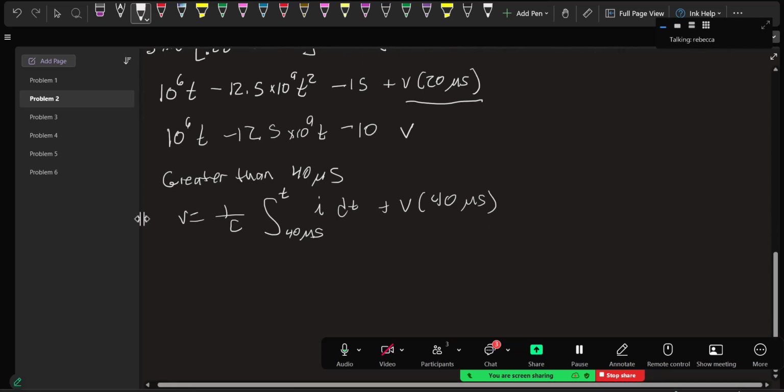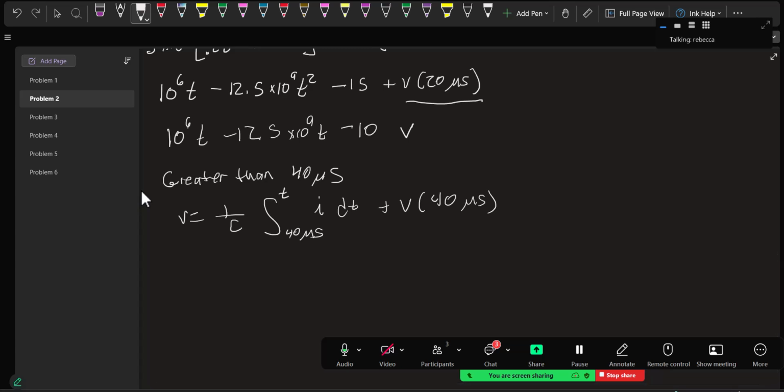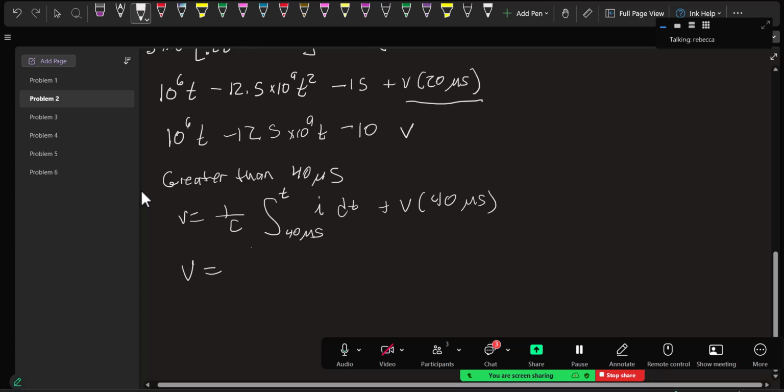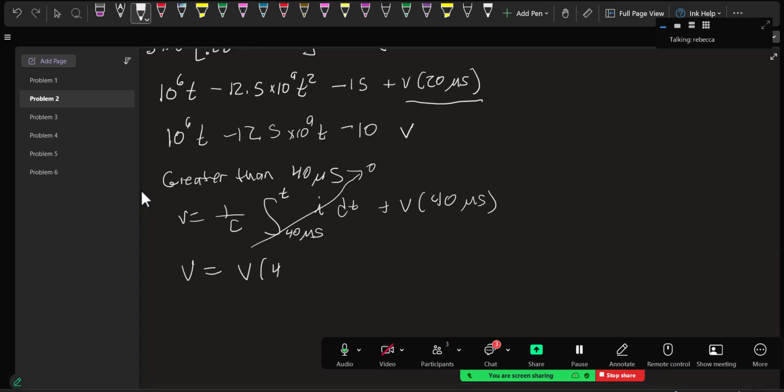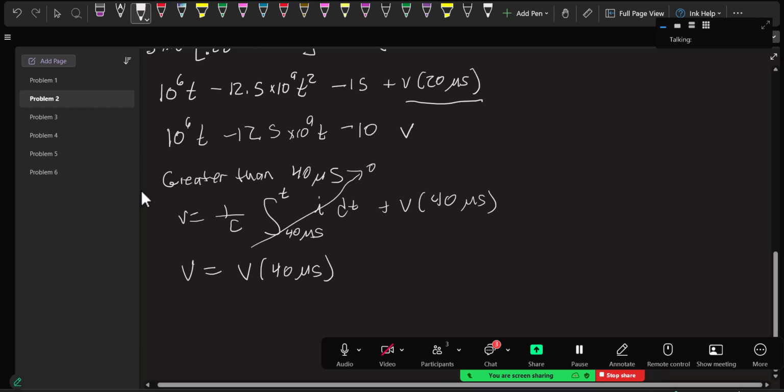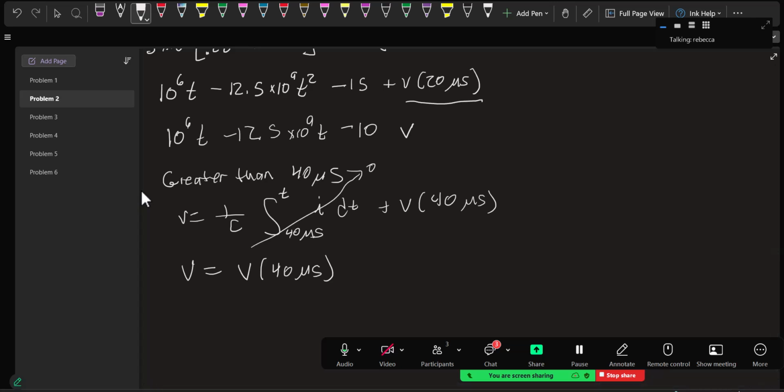Our current for greater than 40 microseconds is 0, so this whole integral part will be 0, but our voltage is not 0. Our voltage is whatever it was at 40 microseconds. And if I plug 40 into that, I get 10.